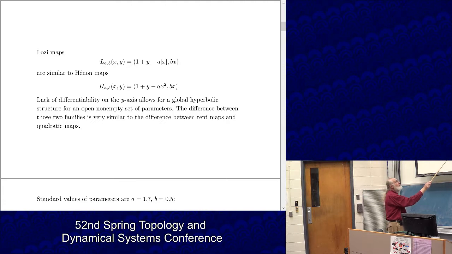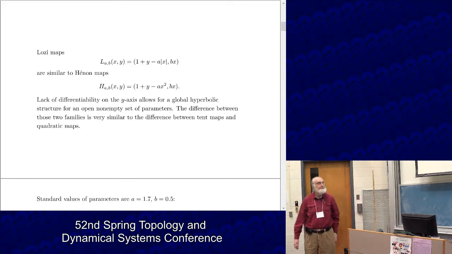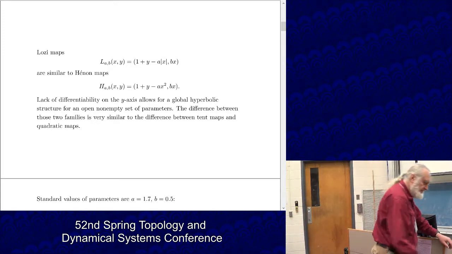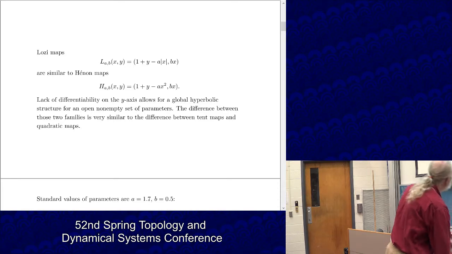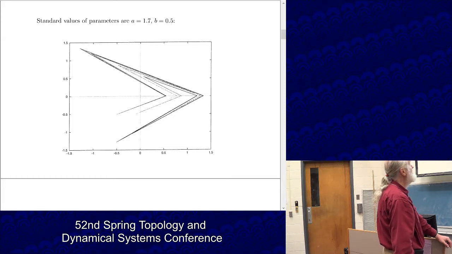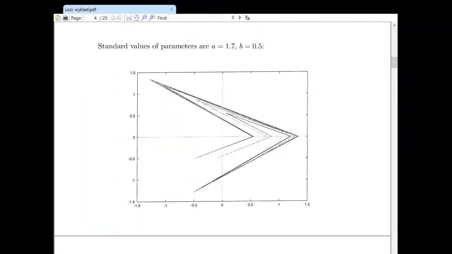He used the same formula, but instead of x squared, he took the absolute value of x. This is the Lozi attractor for 1.7 and 0.5. So you see that this is some continuum which is very similar to an inverse limit of, say, an interval map.